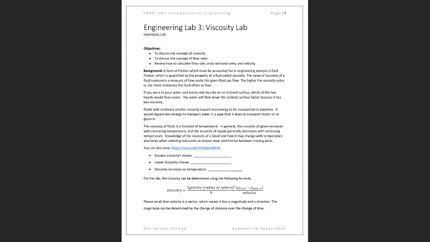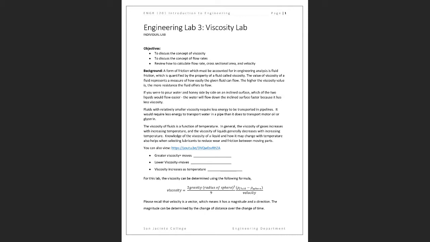All right, viscosity lab. This lab is pretty fun. Well, reasonably fun. How to calculate flow rate, cross-sectional area, and velocity. So there's your viscosity equation.